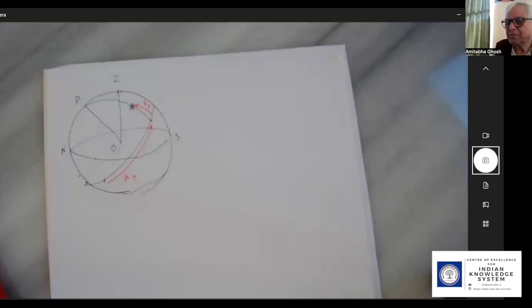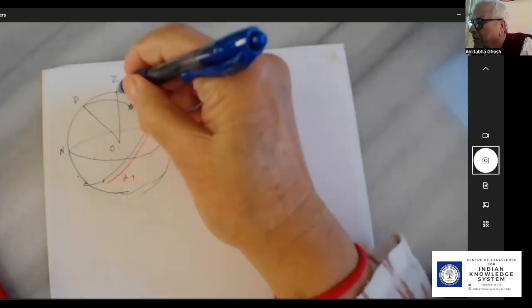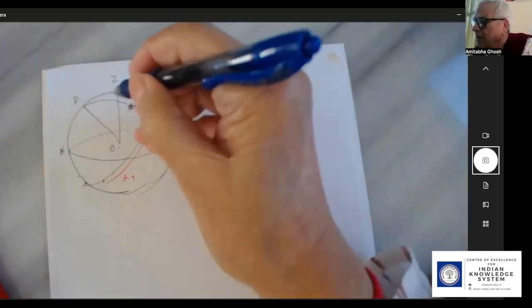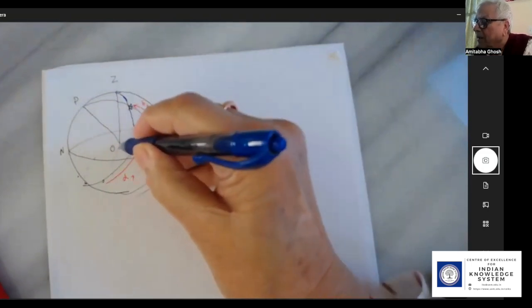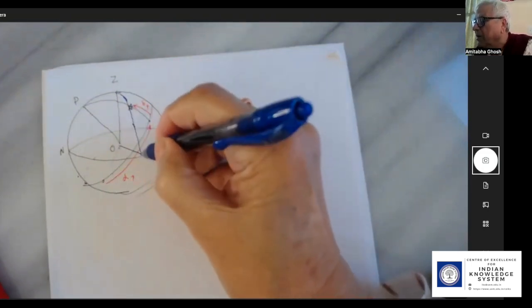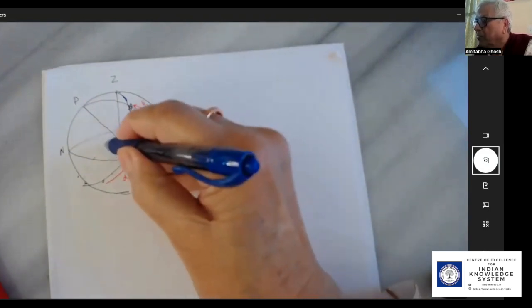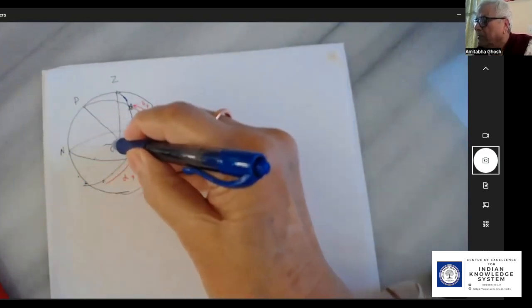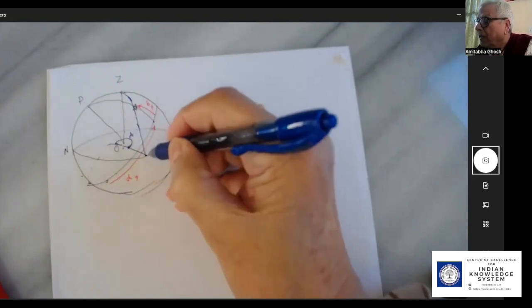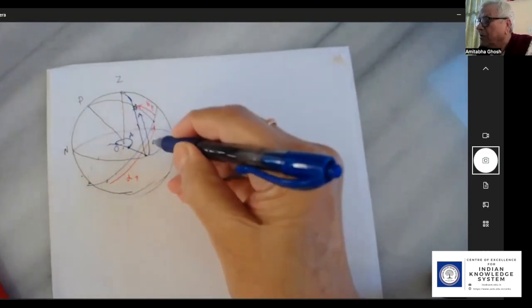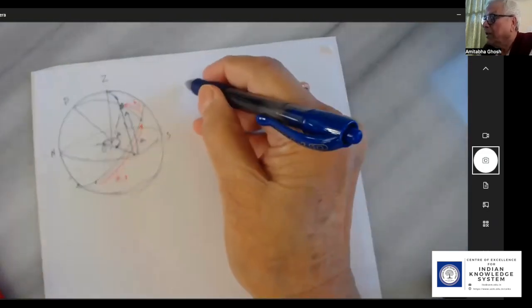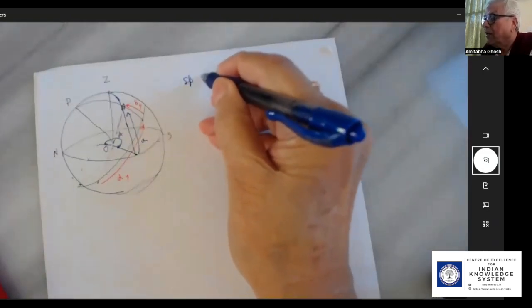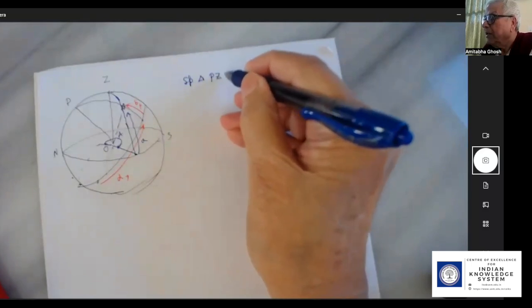So what are those? This is a great circle that comes up to this. So you have to find out the azimuth and altitude. Again, you consider the spherical triangle PZX.